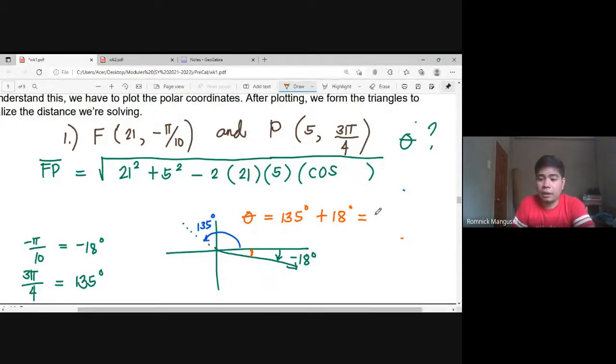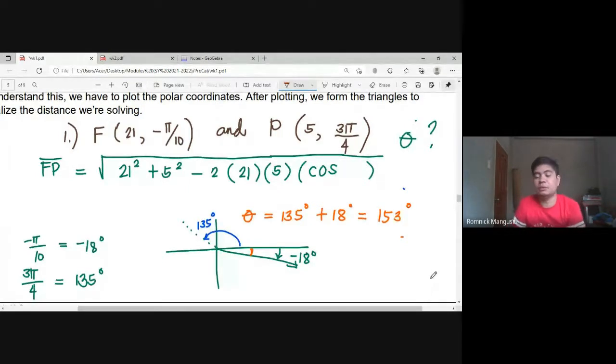Baka mamaya may mga unseen errors ako sa sinasabi ko or sinusulat ko kasi as I do it simultaneously, it might happen that what I'm telling is not what I'm writing. Okay, so that is 153 degrees. So the angle that must be placed here is 153 degrees.